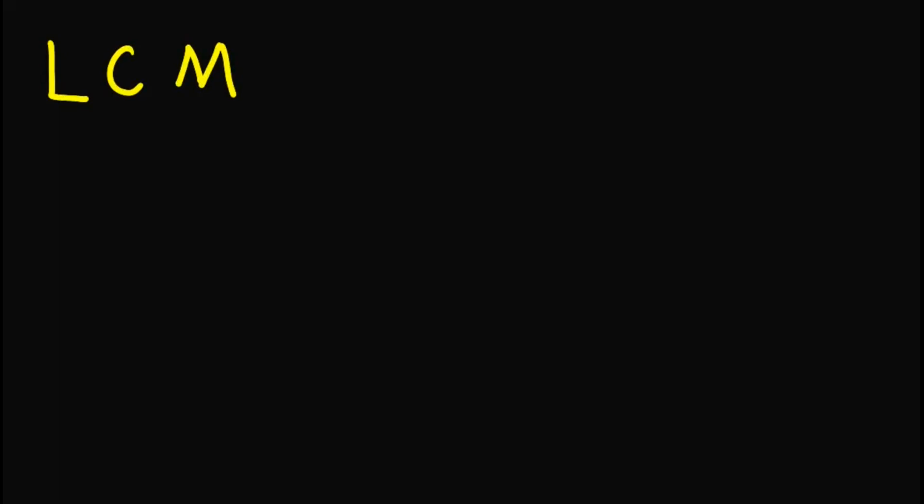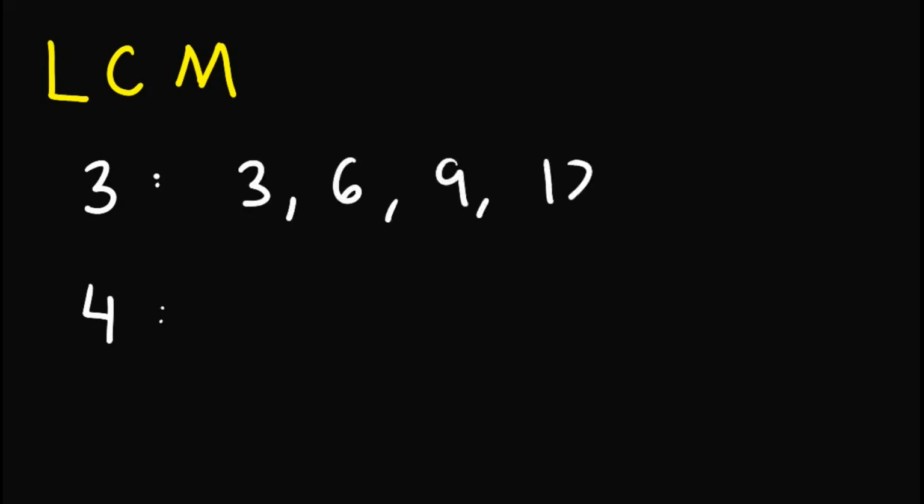So just as an example, if we have 3 and 4 and we need to determine its LCM, this is just a recall video. If you want to know more about LCMs, I'll put a link in this video. Listing out its multiples, we'll have 3, 6, 9, 12, 15, 18, and so on.